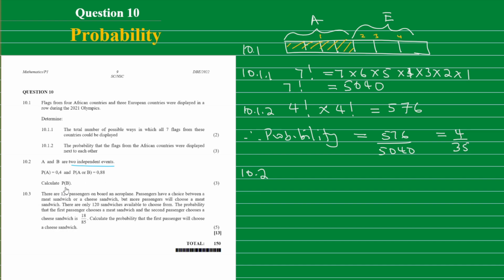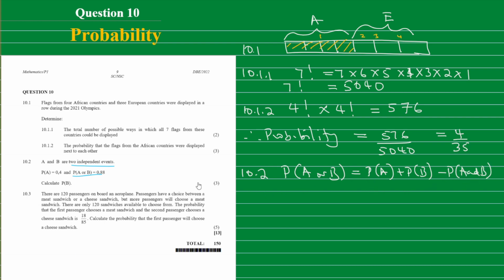So calculate the probability of B. Here we have a clue: we are given P(A or B), which means we have to use the addition rule. The addition rule says that P(A or B) is equal to the probability of A plus the probability of B minus the probability of A and B.